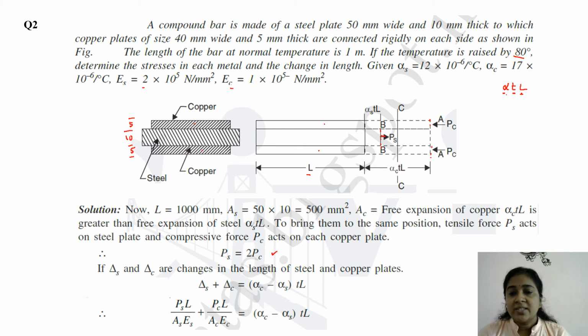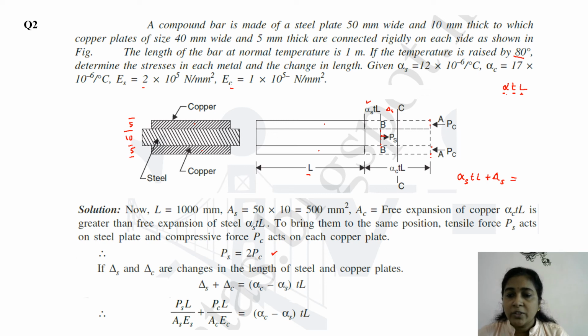Now let us consider the case of steel, and the final position is CC. Then alpha S into TL, that is the free expansion of steel, has to be increased by an amount delta S to reach the final position CC. So alpha S into TL plus delta S should be equal to the next one, which we obtain by considering copper.